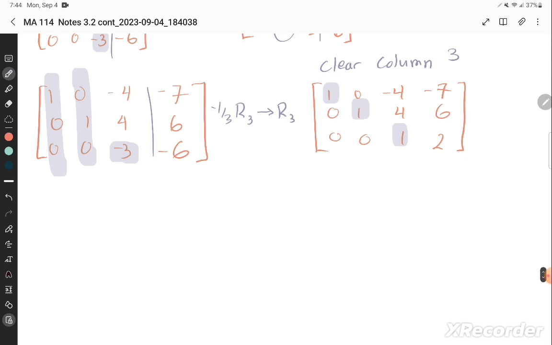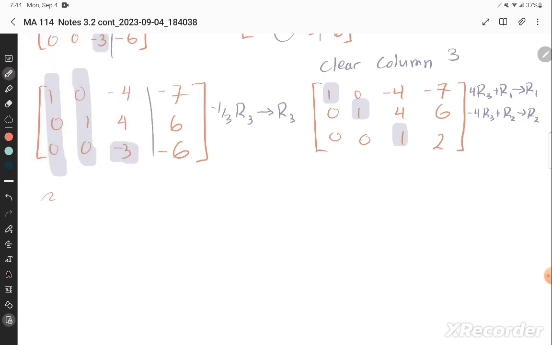That's my next step. So in order to do that, I'm going to take 4 row 3, add it to row 1 to get new row 1. And then I'm going to take -4 row 3, add it to row 2 to get new row 2.